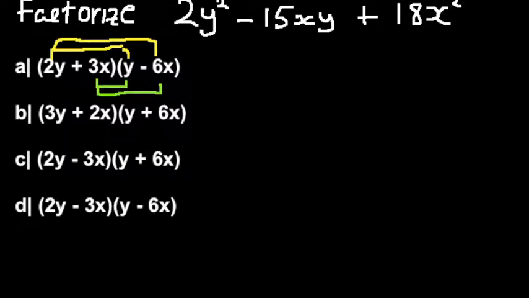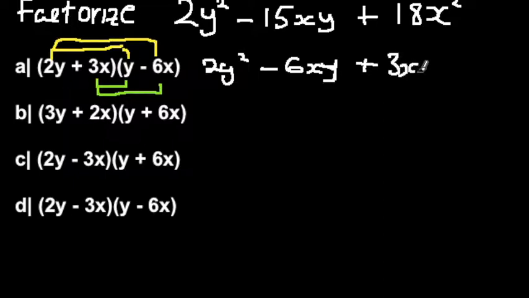So for A, by going through this process, we're going to get 2y squared minus 6xy. And now we're going to do the same thing with the 3x, and we're going to get plus 3xy.